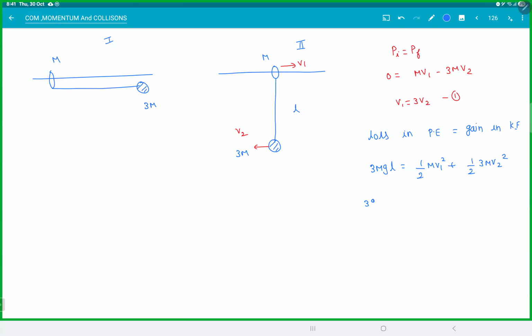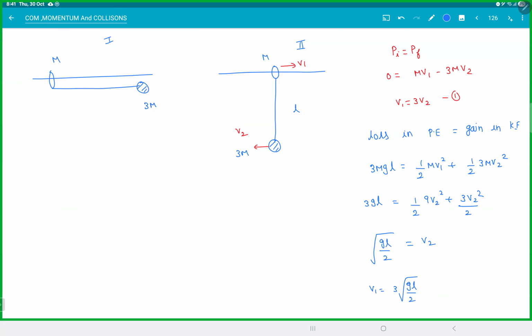This will be 3gL equals 9 V2 square by 2 plus 3 V2 square by 2, that is 12 by 2, 6. So we get V2 is root of gL by 6, check. And V1 will be 3 times that.